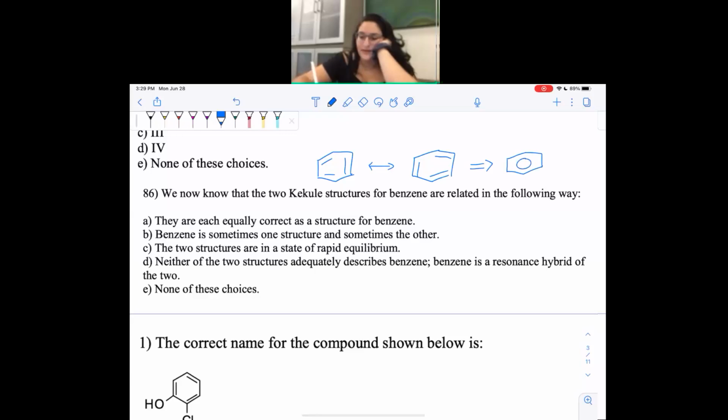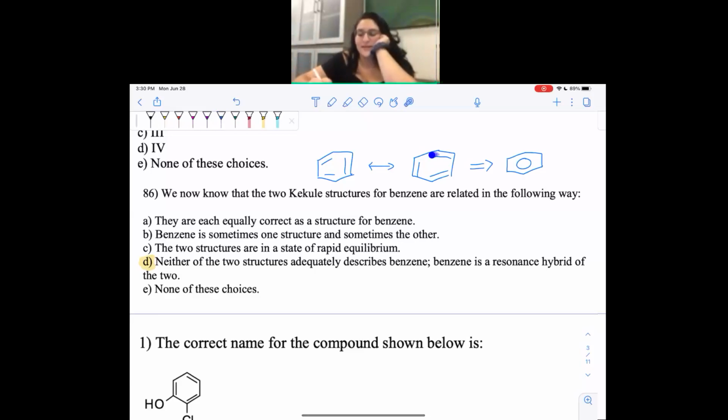I'm going to just draw it out like this. Okay, so a couple people said D, and I'm going to agree. That rhymed. So, basically, the benzene has a completely conjugated ring system, right?